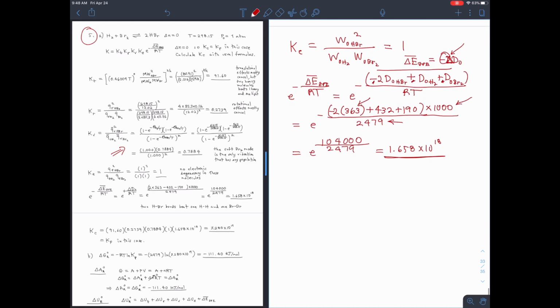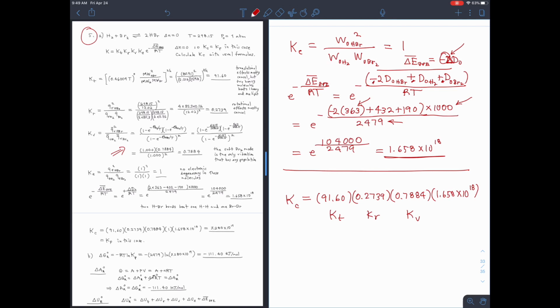this whole calculation. Putting everything together then, K, and this is again Kc, though it's the same as Kp for this particular case, Kc then is 91.60, that's the Kt factor, 0.2739, that's the Kr factor, 0.7884, that's the Kv factor, and finally 1.658 times 10 to the 18th.